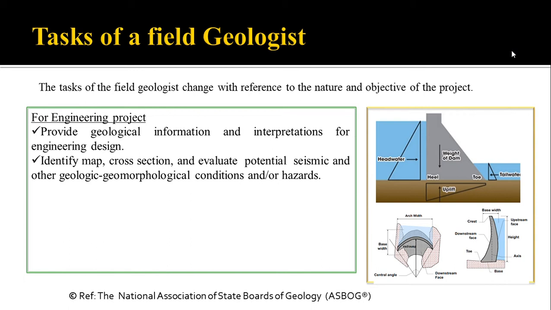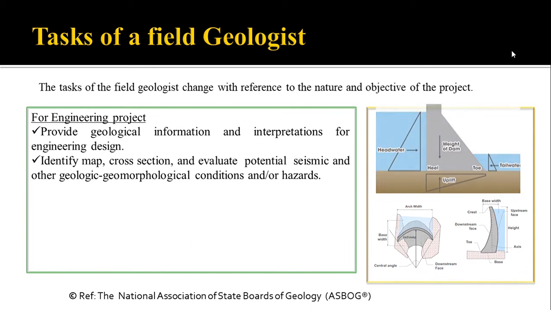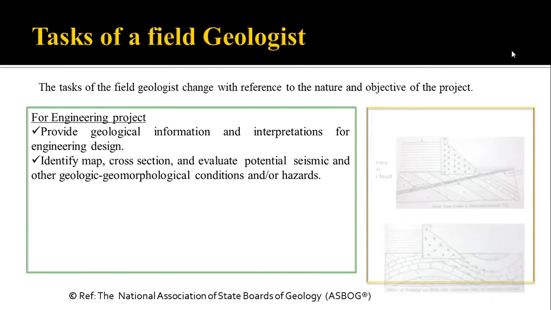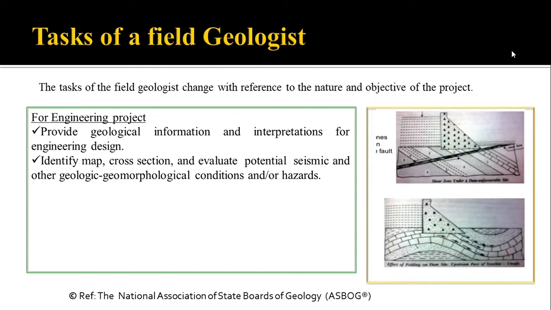Definitely this artificial structure will interact, that is, react with the natural environment, and there may be some disturbance. The disturbance could be big, like the Three Gorges Dam of China, which actually reduces the rotational speed of the earth by 0.06 microseconds, as expressed by NASA. Or it can also reactivate a faulted region, or water may be lost due to the structure.